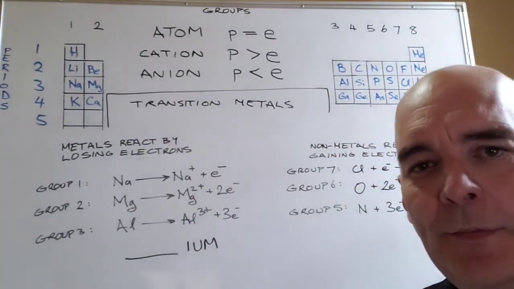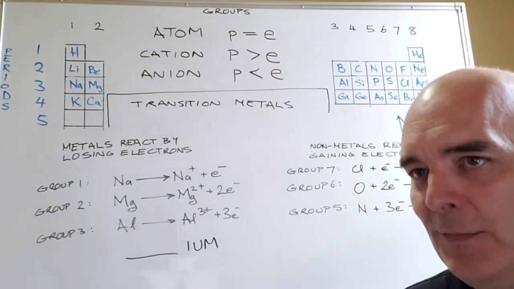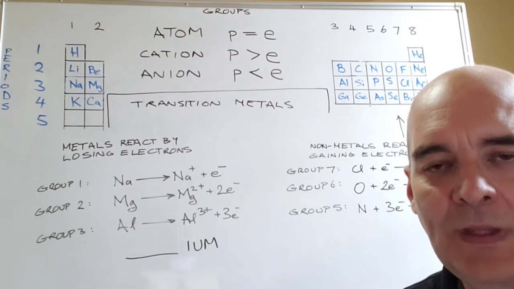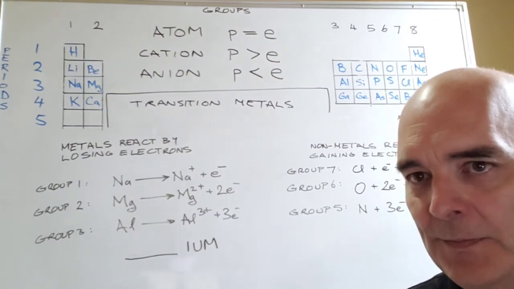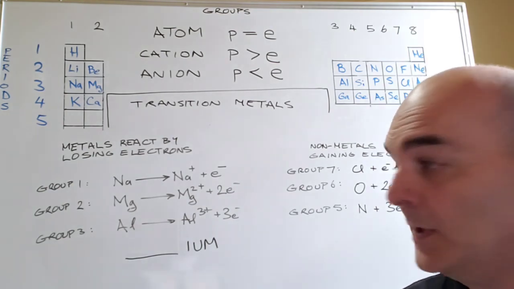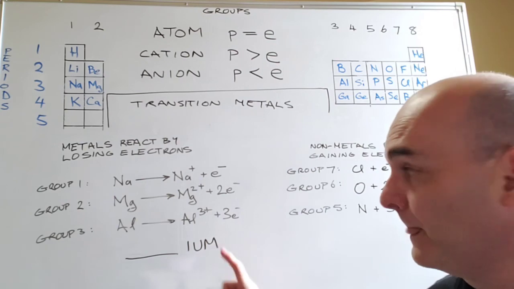Well, it turns out that most of the metals already end in ium anyway. Calcium, magnesium, sodium, potassium, chromium. These are all metals. They all end in ium. Ium tells us that's going positive.